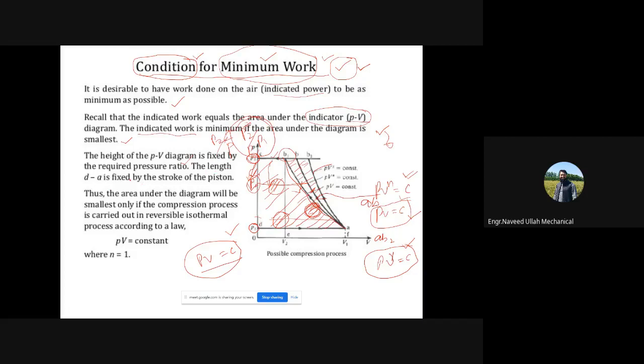The length dA is fixed by the stroke of the piston. Now this is the length dA, right? This is the induction valve. We can also have this here. So this is also fixed, right?